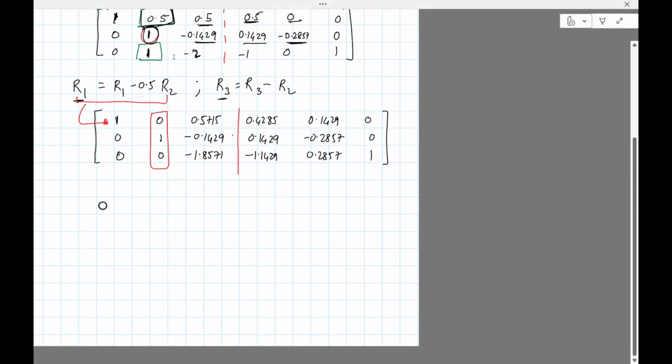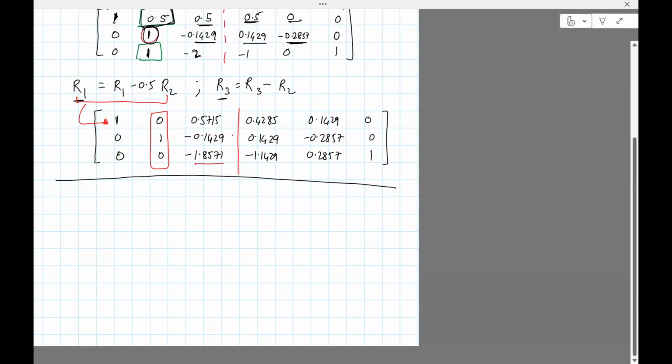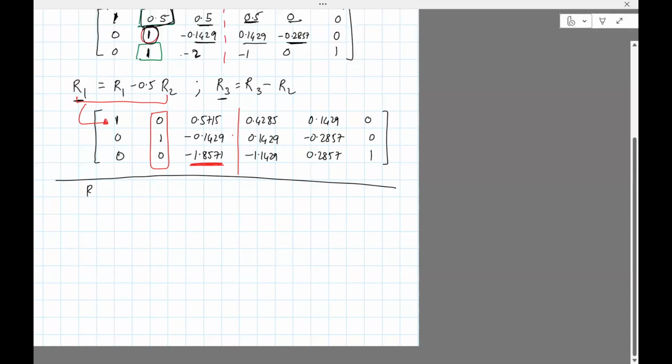Okay, so instead of breaking it down into 2 steps, I'll just do it in 1 step and write the answer, but I want you to check this. What you'll do next is first normalize the third row, third column. So row 3 equals the old row 3 divided by negative 1.8571.